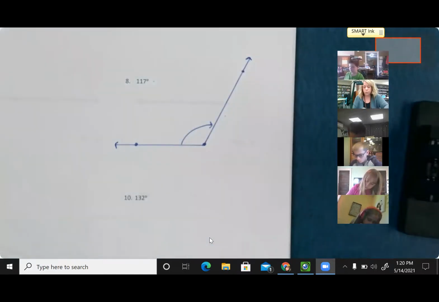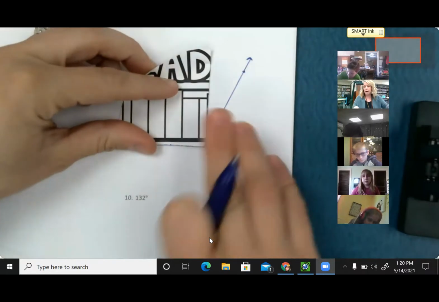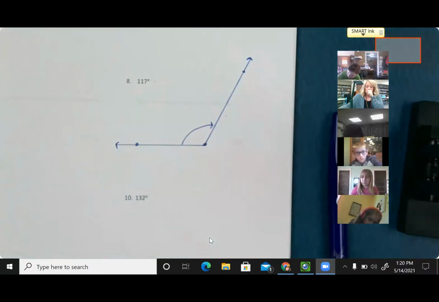And is that obtuse? Let me check. It is, because the second part of the angle kicks out. So I have a 117-degree angle.